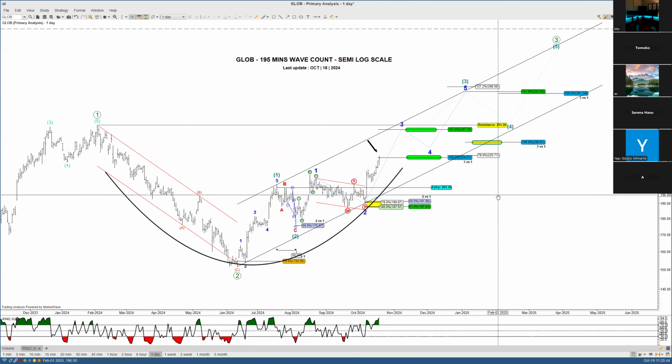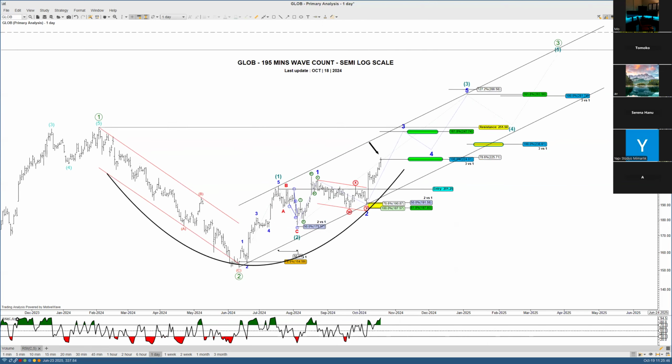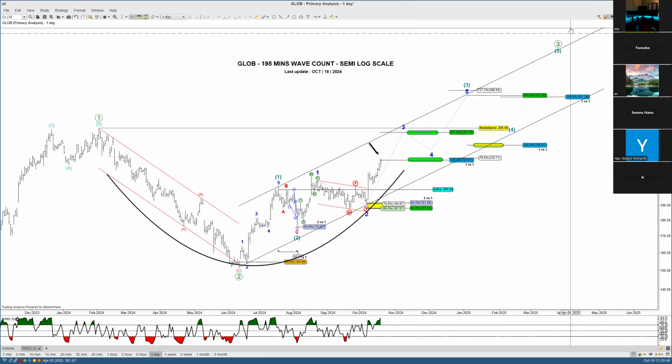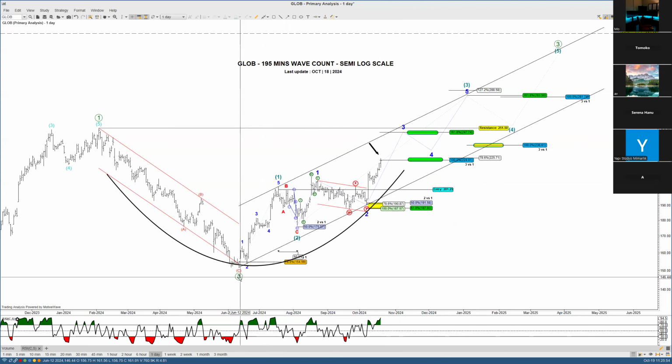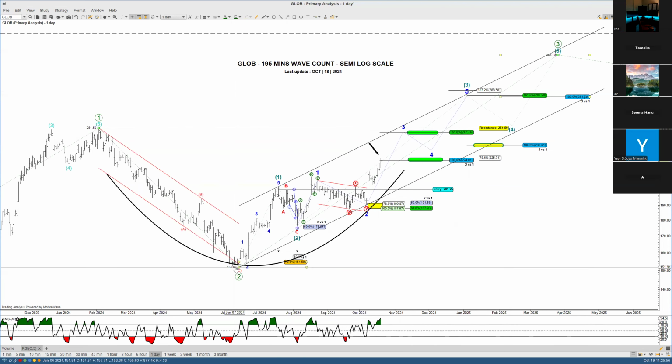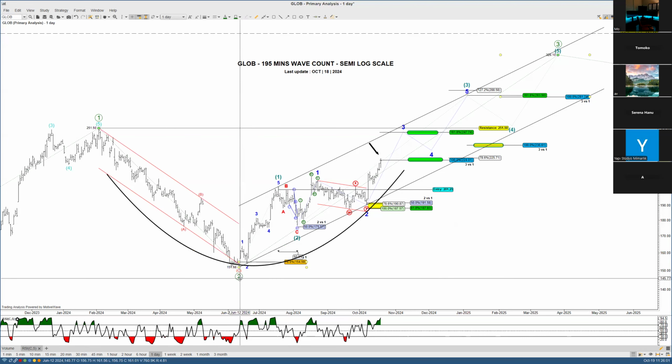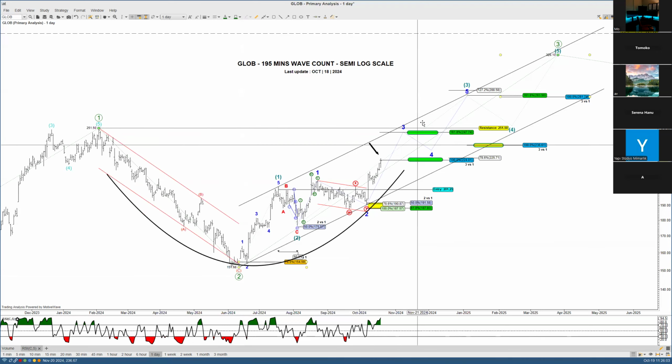Finally making its way up to the upside. The all-time high is 354. Unless it fails, that's going to be a disaster, because I'm hoping this is all of 2.